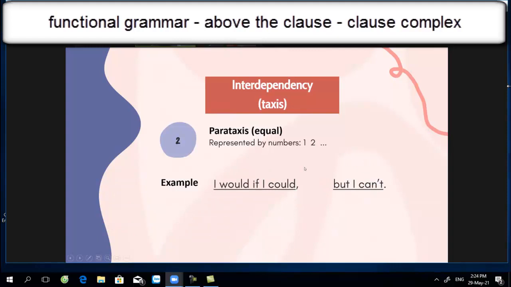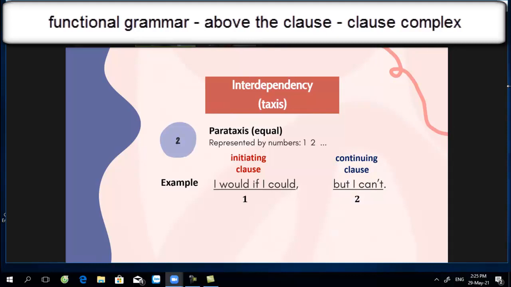Another example. "I would if I could, but I can't." So the first part is the initiating clause. The second part, the continuing clause. So we have number 1 and number 2. But you can see in number 1, we have "I would if I could."